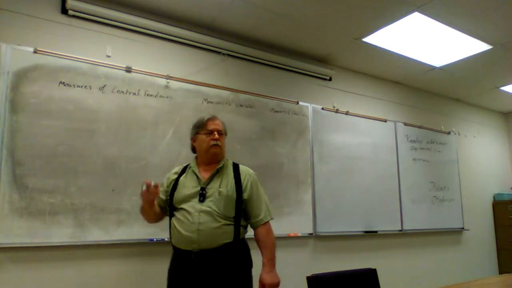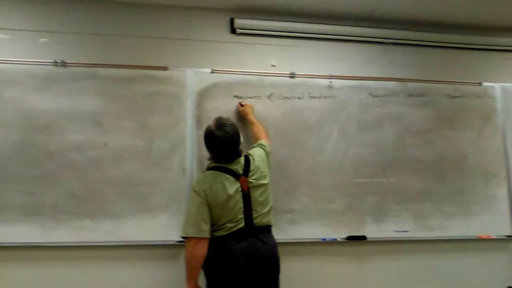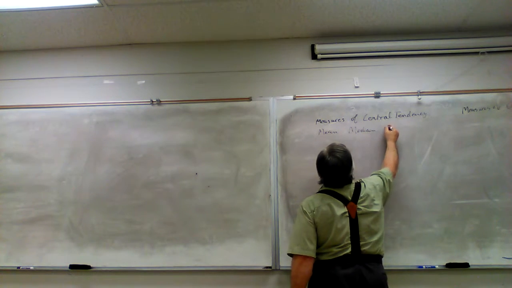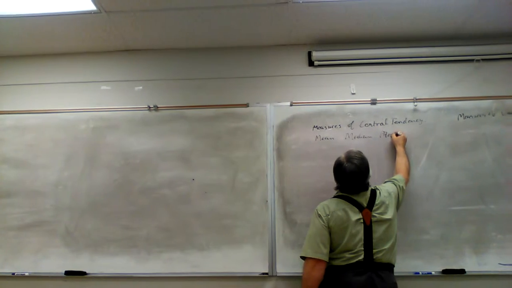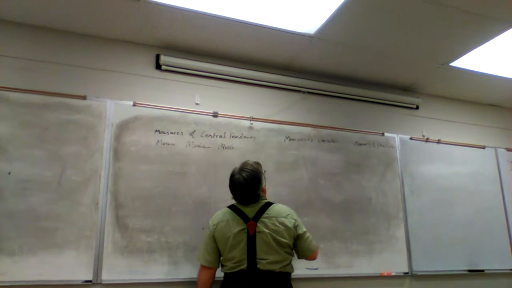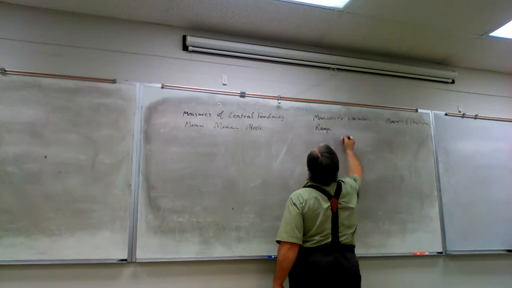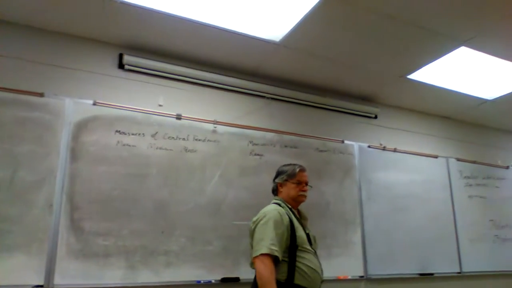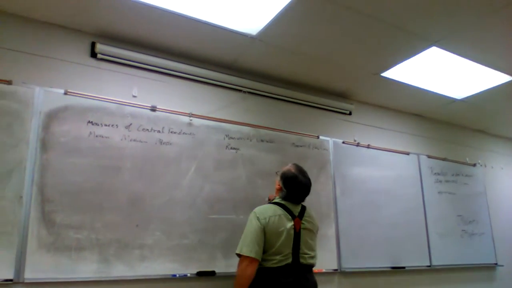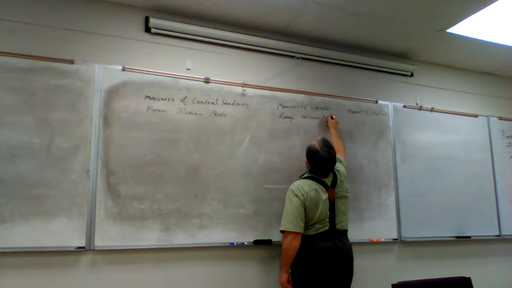Measures of central tendency. What were some of those? Mean, median, mode, range. Well, no, range is a measure of variation. Yeah, we also had variance, standard deviation.